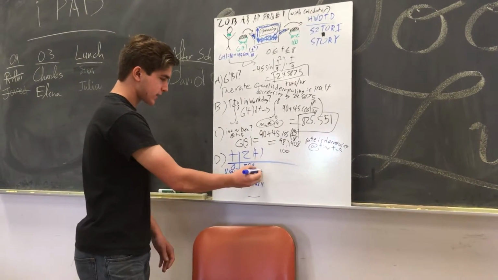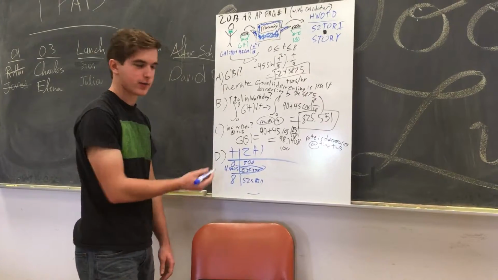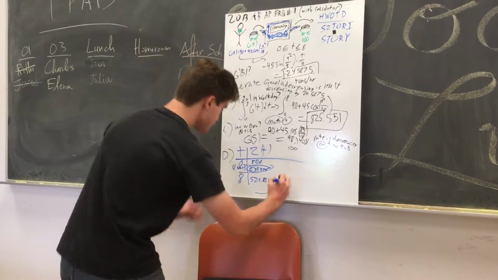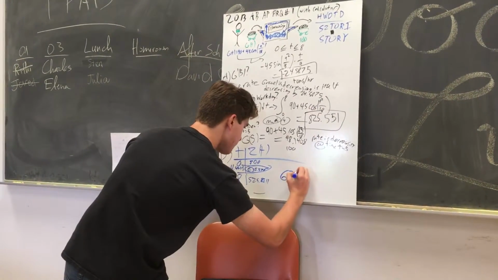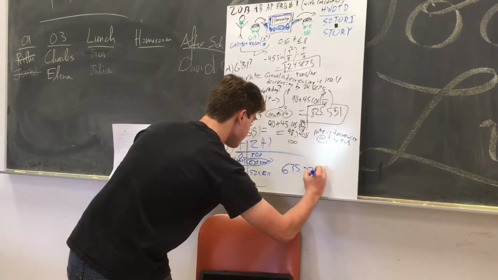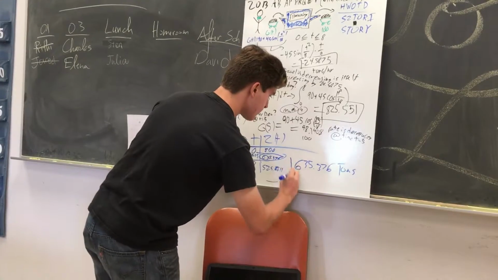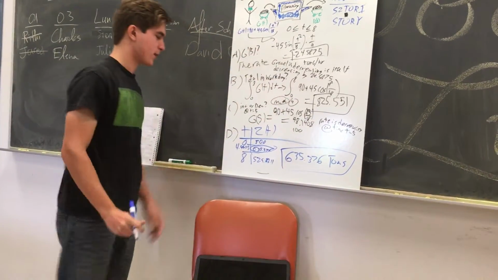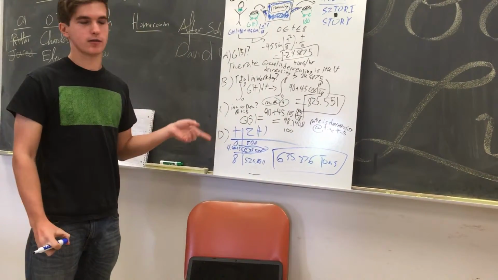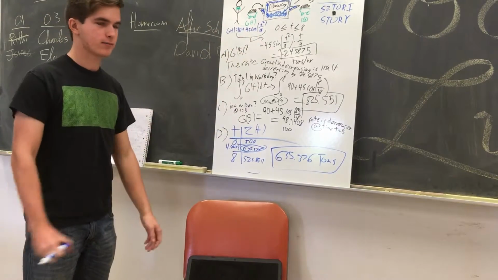And here we see that this is the maximum amount of gravel because it's the largest number. So 635 tons of gravel is the max amount of gravel that's in the plant throughout the entire workday.